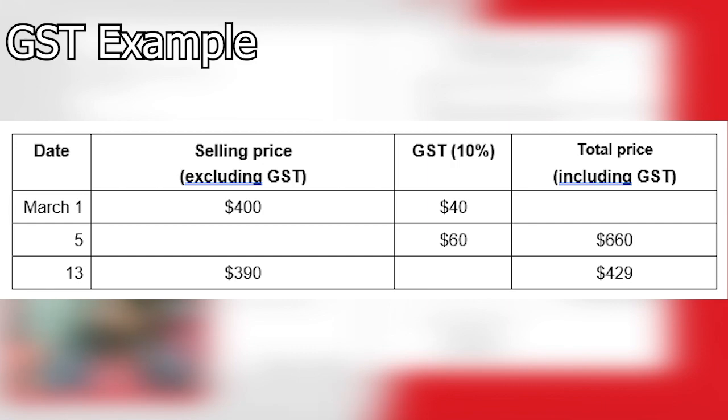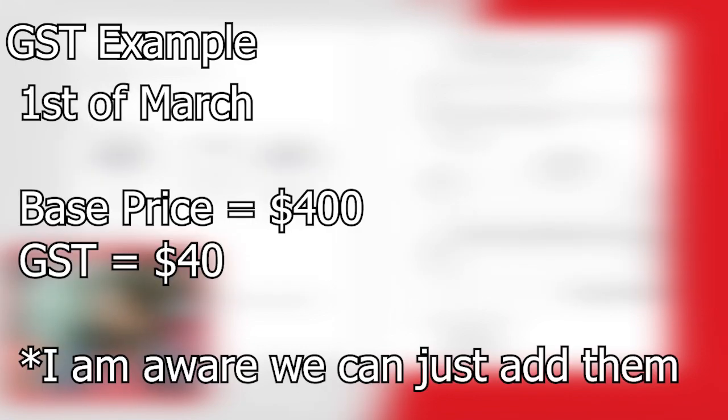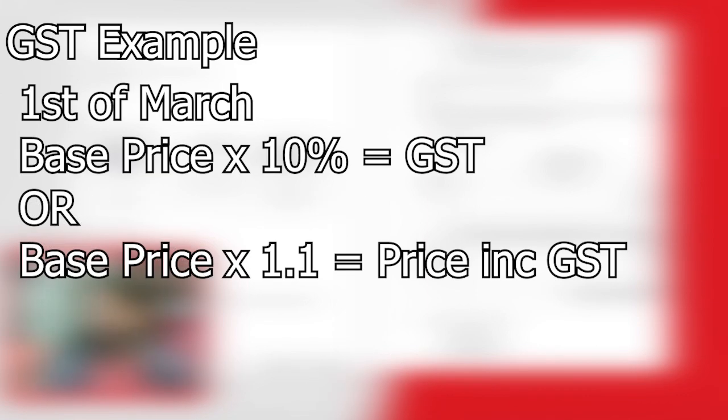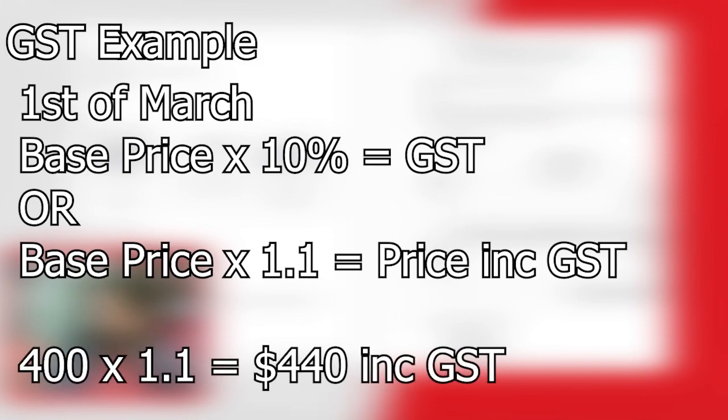So if we look at the first, we can see here that we've got selling price excluding GST. All you need to do is times that by 10%, gives you the GST amount. And if we times it by 1.1, we get the amount that includes GST, which in this case would be $440, like so.